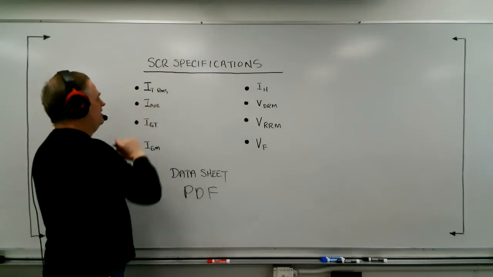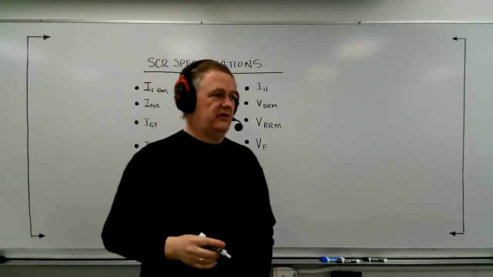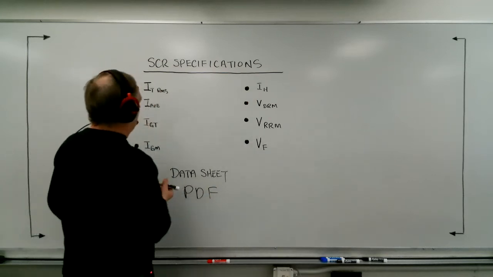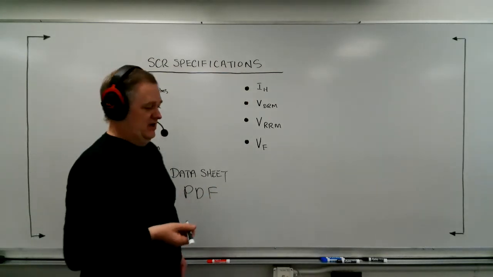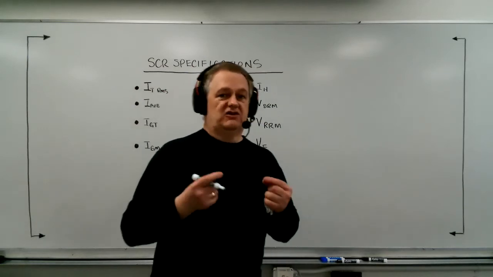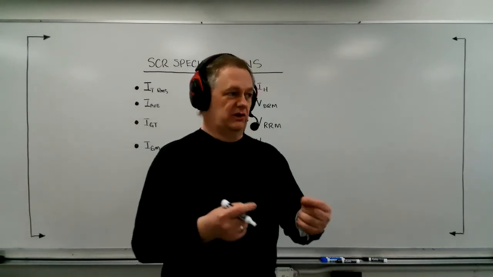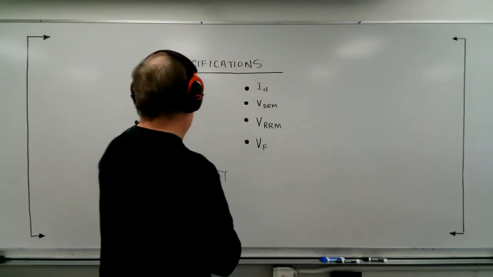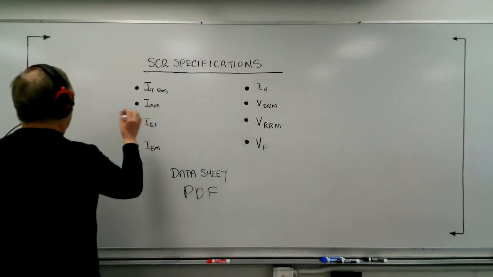This is IT RMS, I total RMS. Now, I just finished saying to you that the SCR always has current flowing in one direction, so kind of DC, right? But let me explain it like this.